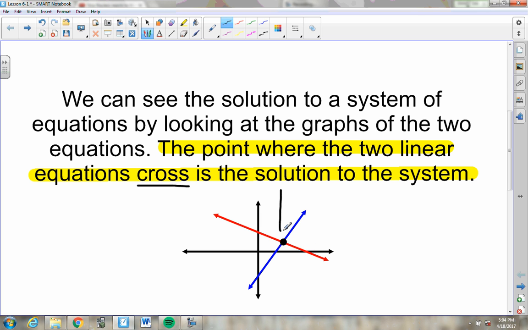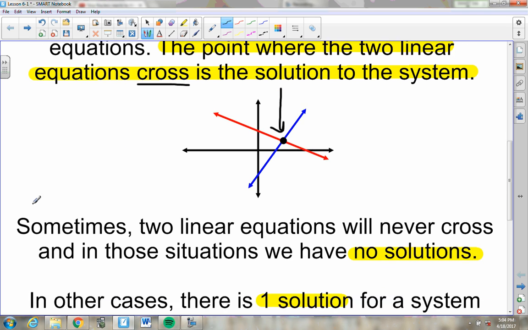The solution is right there because that's where those two graphs intersect. So where the two linear equations cross is the solution to the system. That's the x and y values that are going to make both of the equations true.